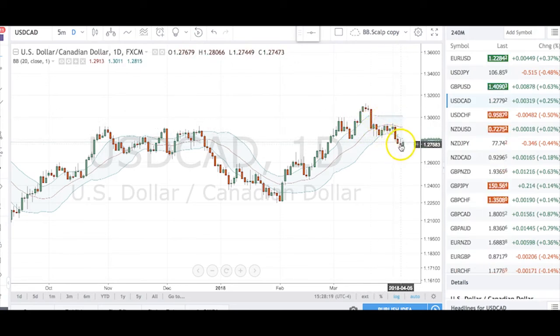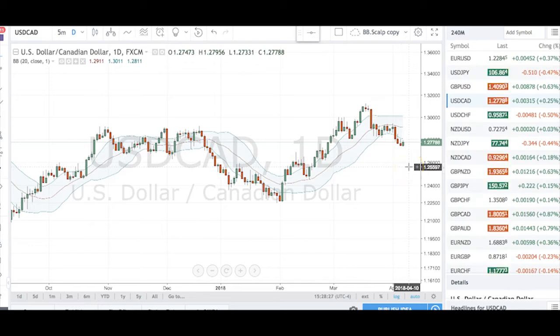And so far, you're seeing a series of lower highs, still continuing the downtrend, still very much in the sell zone. And it looks like we could certainly move towards the 126 level over the next couple of days. This is especially true, I think, if the market feels a little bit better about risk, if the trade rhetoric is toned down a little bit. All of those things would really help dollar Canada.